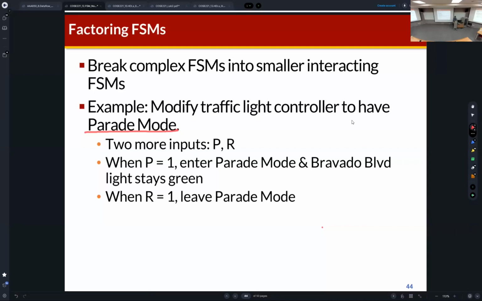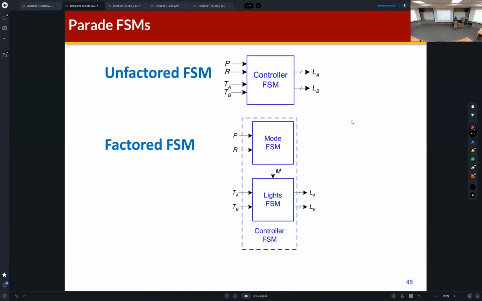And if R is 1, that means this is the end of the parade mode, then the state is changed to the normal state. So we can define two more inputs, P and R.